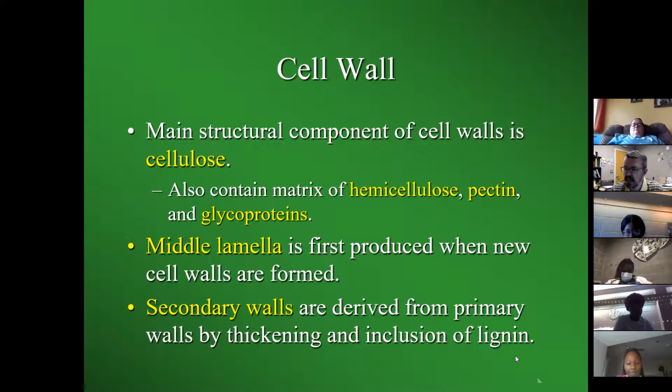Okay, lignin, you may hear the term in things that deal with wood or paper. So we actually use wood products, and the reason we use it is because of lignin. Basically secondary cell walls are what caused wood, and wood is what we use, and it's because of lignin that we can do that.